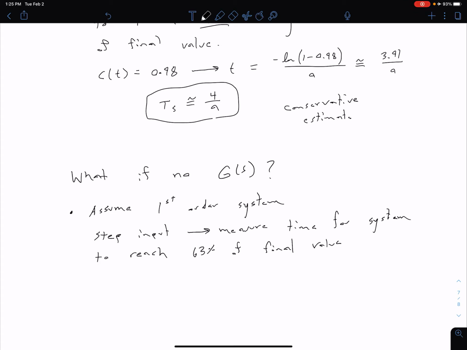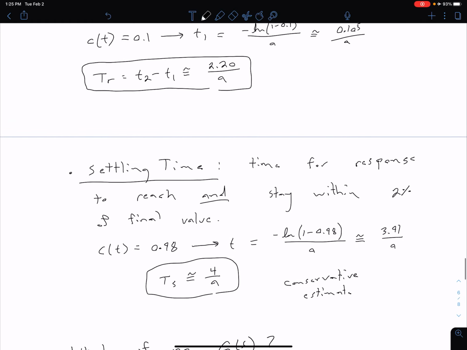Once we know that time for it to get to 63% of the value, we know our time constant. Remember, our time constant is just 1 over a. So from there, we know our a, and then we can figure out our settling time and our rise time from these equations shown here.